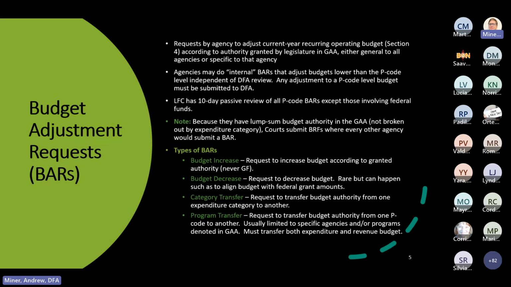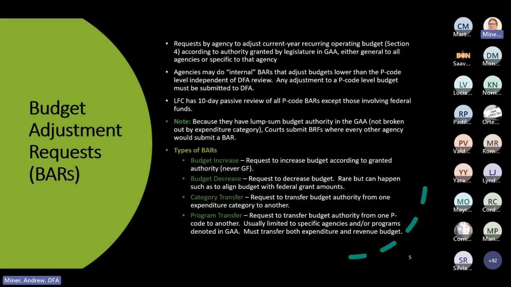And then the last type is a program transfer. That's a request to transfer budget authority from one P code to another. So in some limited circumstances, agencies are allowed to move from one of their programs to another program. But this is usually limited to specific agencies and or programs that are explicitly lined out in House Bill 2 in the GAA.